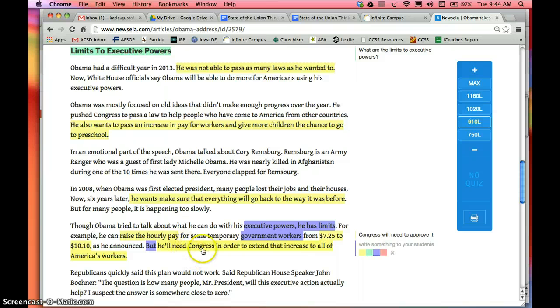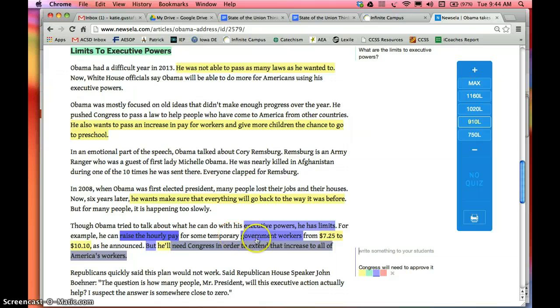But he'll need Congress in order to extend that increase to all of America's workers. So his limit is that he can increase the hourly pay for temporary government workers, but the limit is he'll need Congress in order to extend that increase to all American workers.